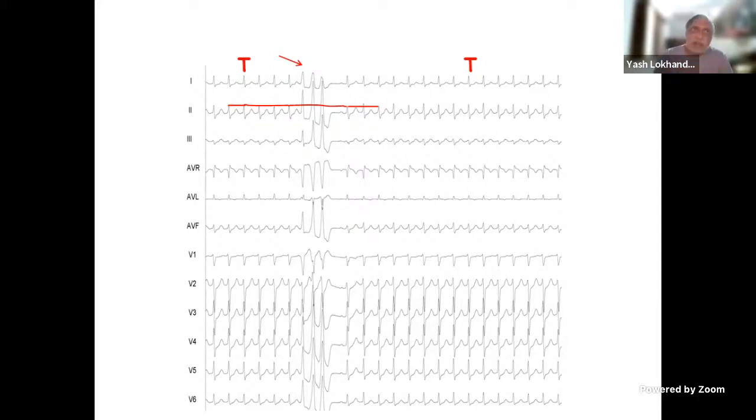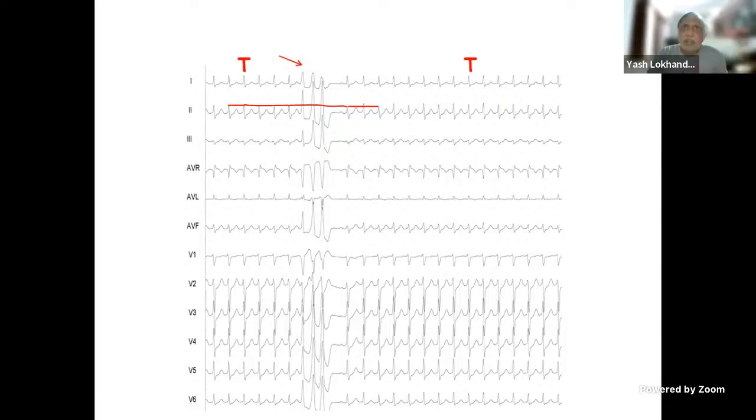So if a single ventricular premature beat terminates it, most likely it is AVRT. And if next time on a Holter you see an SVT terminating with a single PVC, then from the Holter itself you can say that most likely this is AVRT. Now, if 2 or 3, especially 3 ventricular premature beats terminate it, it can be any tachycardia.